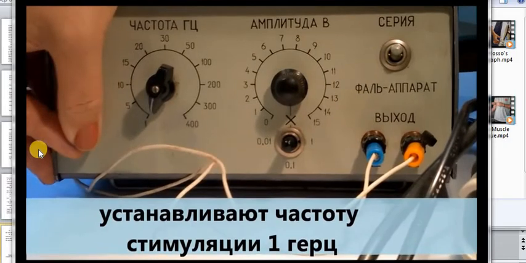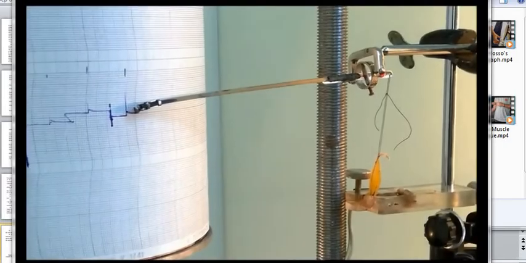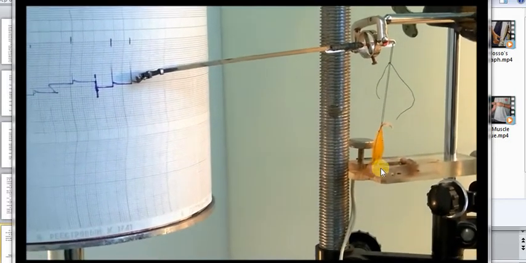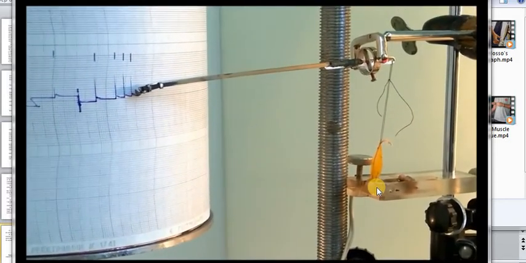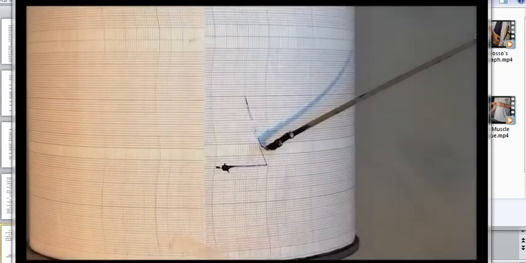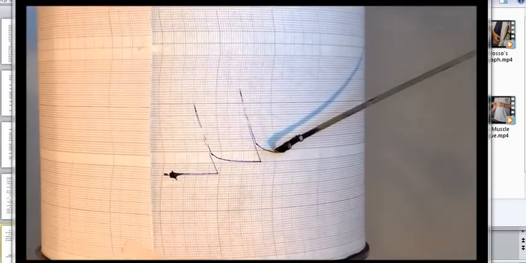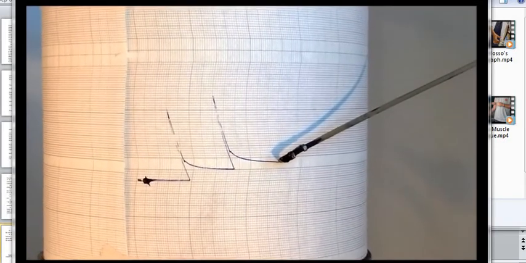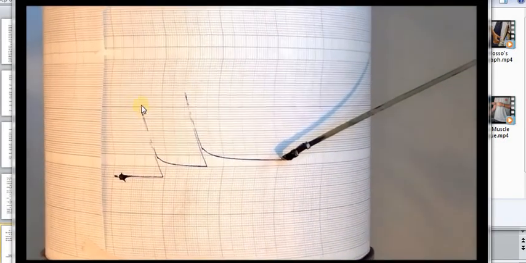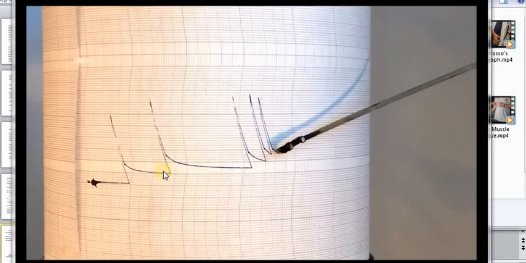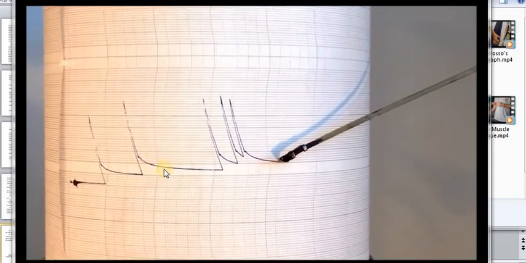Use electricity for stimulating the muscle, and you see here a twitch, a single muscle contraction. This part is contraction and relaxation: latent period, contraction, relaxation.